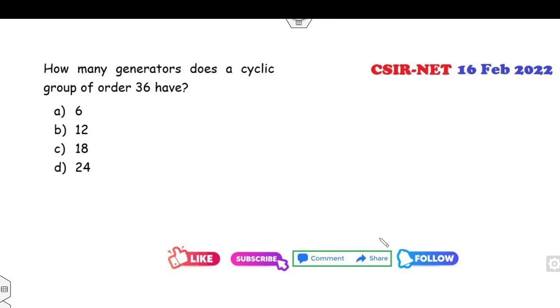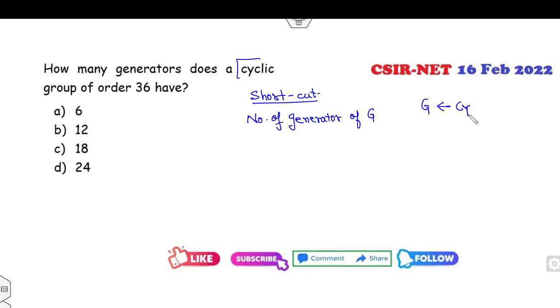How many generators does a cyclic group have? Again, very simple. What is the shortcut trick for the number of generators? The number of generators of the group G, make sure G must be cyclic, is phi of n, where n is the order of the group.